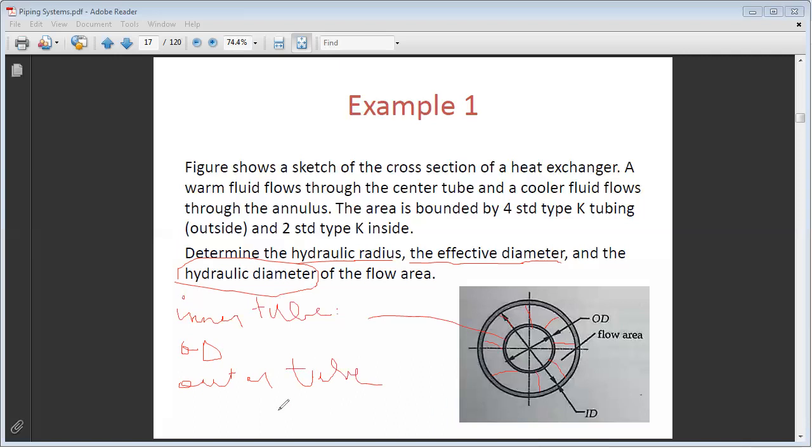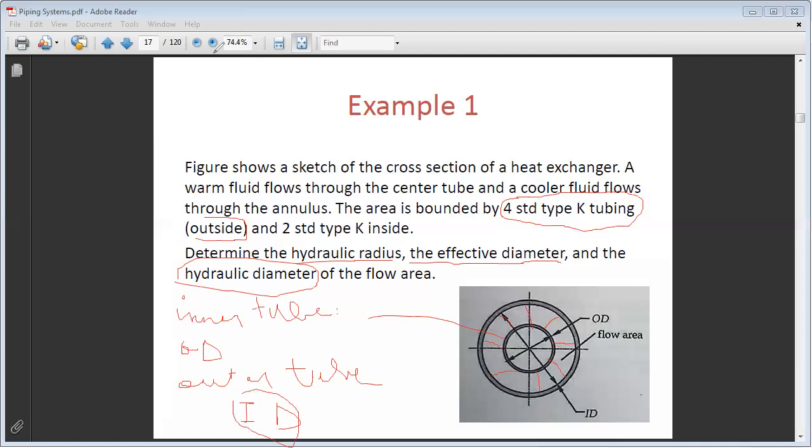To do so we need to go to the appendix, because they told us the type of tubes used. From outside, we have a 4 standard type K tube. So now we will go to the appendix and determine for this tube what is the inside diameter.